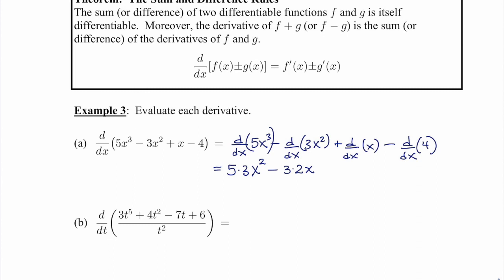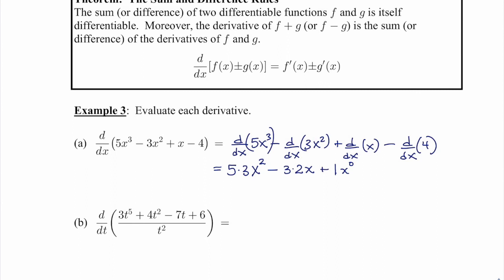Then I have the derivative of x. And we can use the power rule here. We'd say, well, the exponent is 1, so I'll move that down. And then I have x to the 0, but x to the 0 is just 1. So the derivative will just be 1. Or we could say, hey, that's linear, so the derivative is just the slope. So the derivative for that is 1.